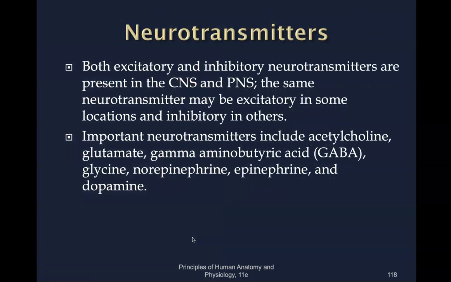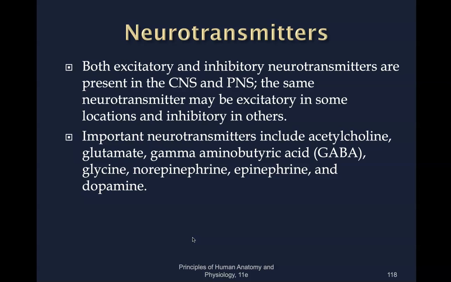Okay, so you have both excitatory and inhibitory neurotransmitters in both the central nervous system as well as the peripheral nervous system. And the really crazy, complex part, where it just gets wacky trying to keep up with what's going on in the nervous system, is that this very same neurotransmitter can be excitatory in one location, and then it binds to a receptor in a different location, and that receptor is inhibitory.